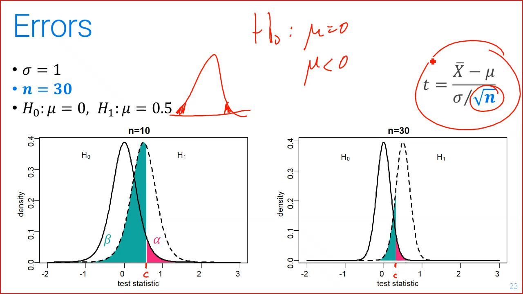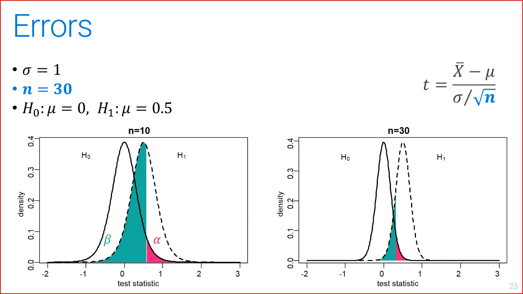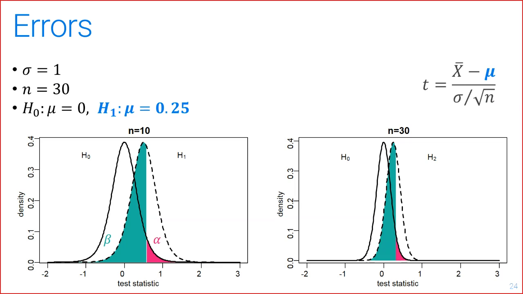Okay, so this is the sample size. What happens if we have a different alternative hypothesis? What if we say, instead of a mu equal to 1, 0.5? Yeah, 0.5. What if we say, hey, I think the alternative is smaller. So we are changing this number here.